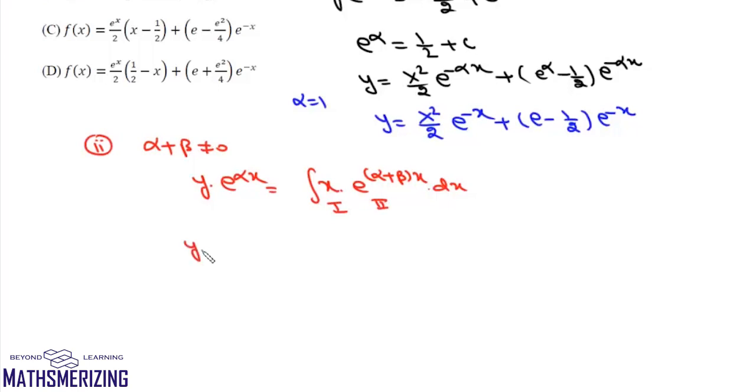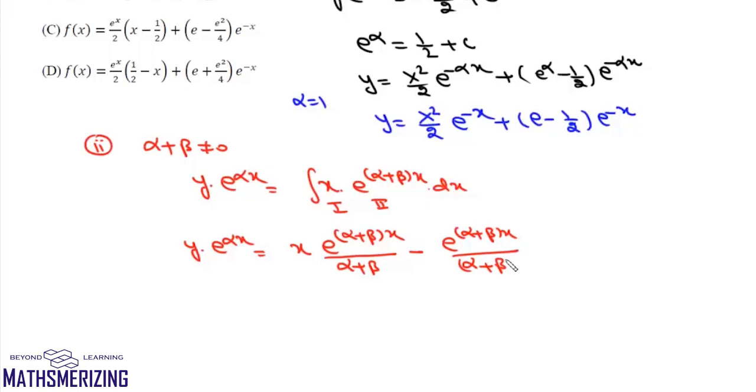So it will be y into e to the power alpha x equals x e to the power (alpha plus beta) x upon (alpha plus beta) minus e to the power (alpha plus beta) x, and then x is 1, and if we integrate again, we'll get (alpha plus beta) 2 times, so it will be (alpha plus beta) whole square, plus c. Now again, if we put x as 1, we'll get y is 1.